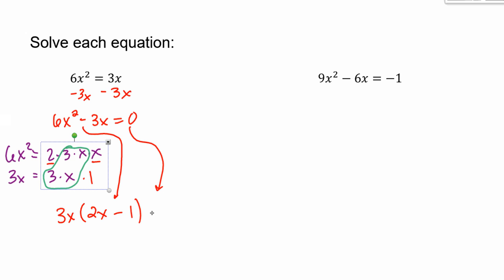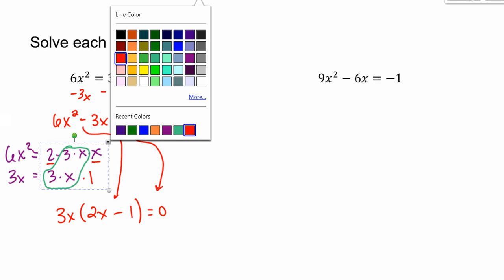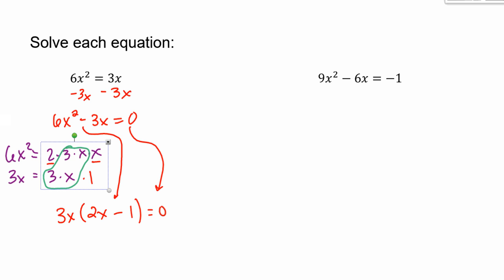I can hold a place there. Okay, thanks, superhero 1. All right, so now what we have is some things being multiplied together, and their product equals 0. I've got this 3x being multiplied by 2x minus 1. So each one gets its chance to be 0. It could be this guy. It could be this guy. Everybody gets a shot.